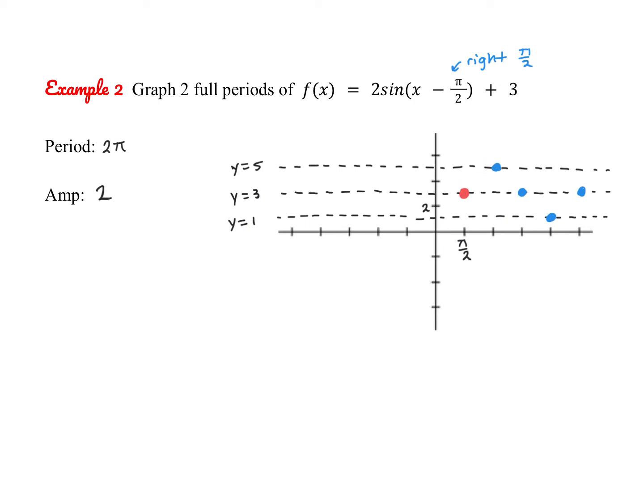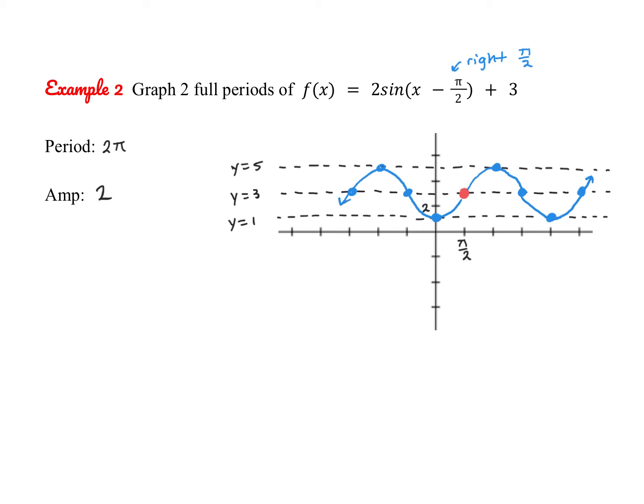So that's 1 full period, and then I want to graph 2 full periods, so I continue that pattern going to the left. So I can go bottom, middle, top, bottom. So here I have 2 full periods of our sine graph, just like this.